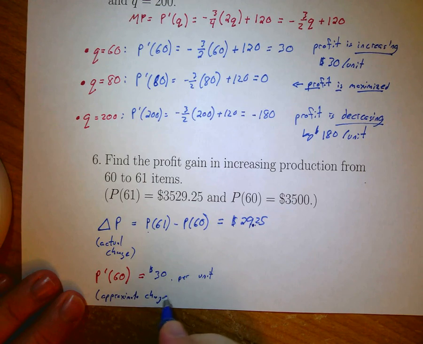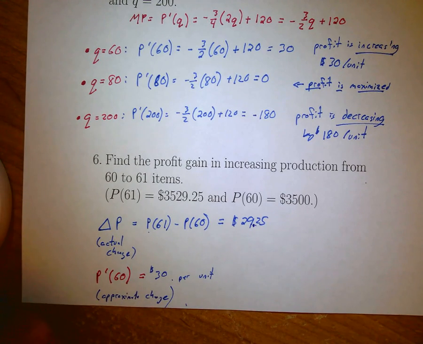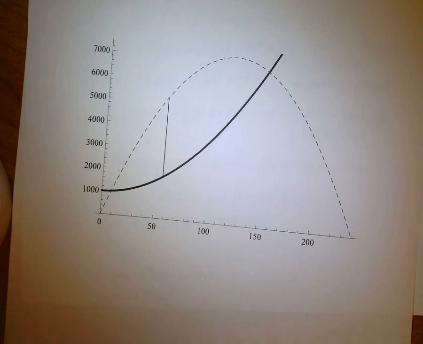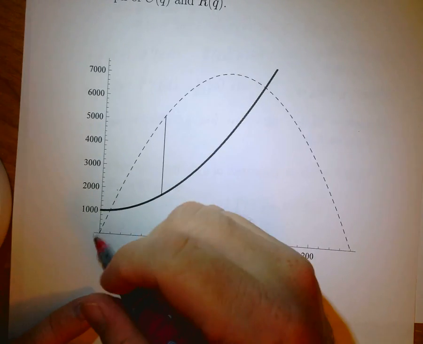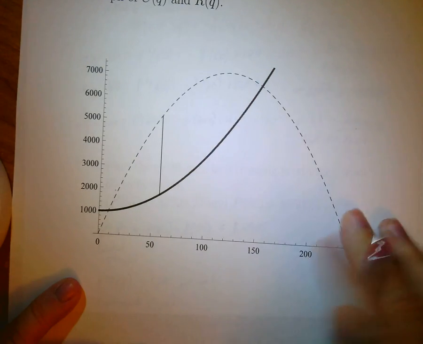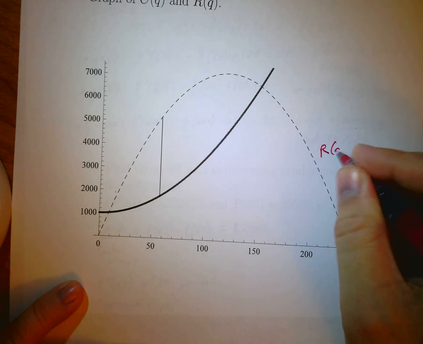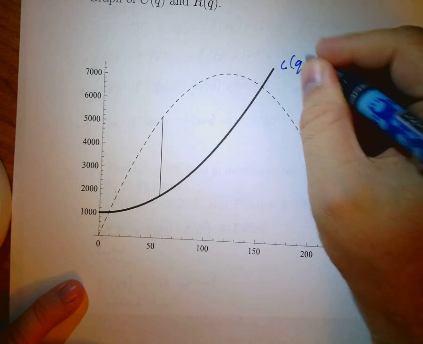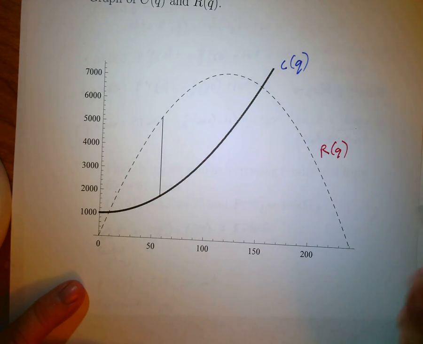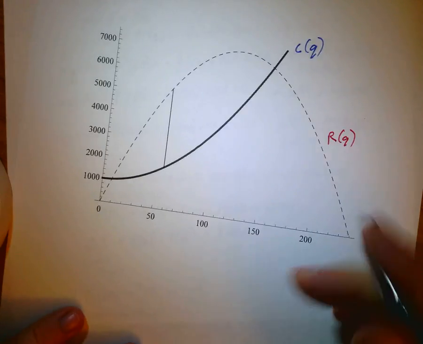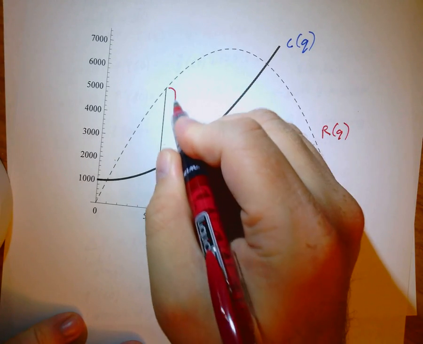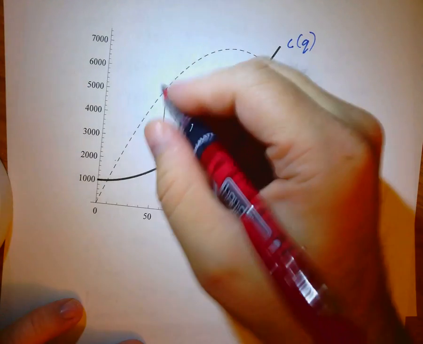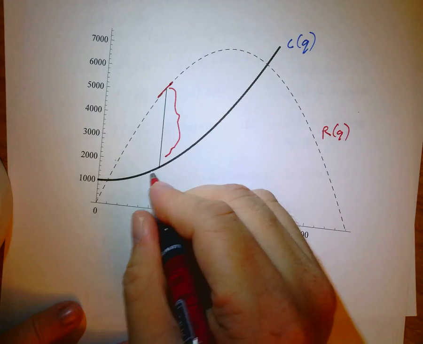Okay, let's take a look at the graph of this and see what we're actually doing. So here you have your revenue function, R of q. And this darkened line is going to be your cost function, C of q. When you've maximized your profit, and we said maximized profit is around 60, you'll notice that that gives us the biggest distance. Because remember, revenue is how much money you bring in, and this is how much it's costing you.